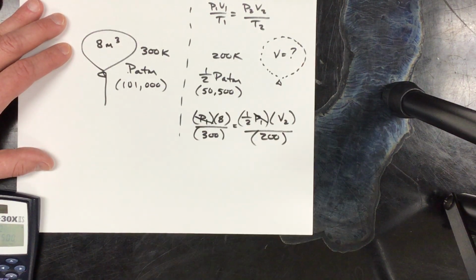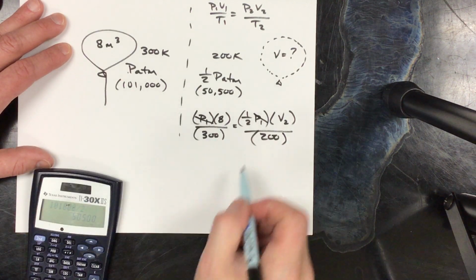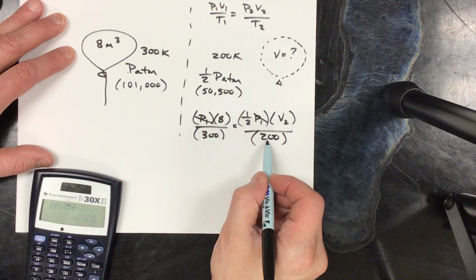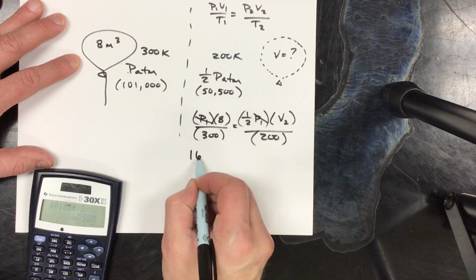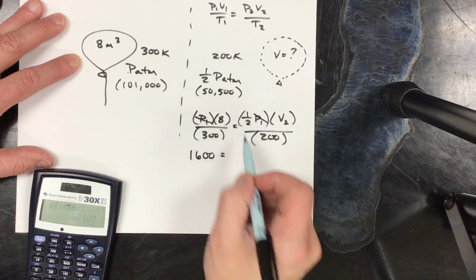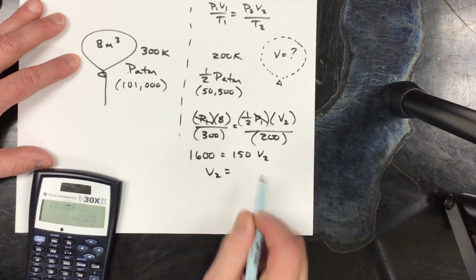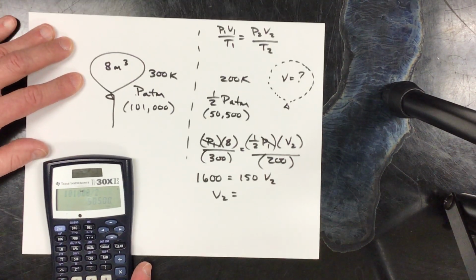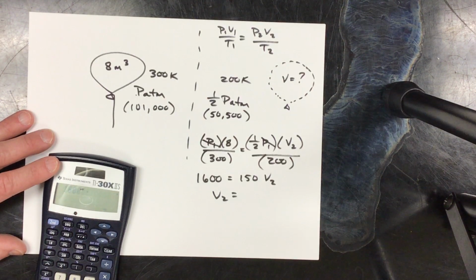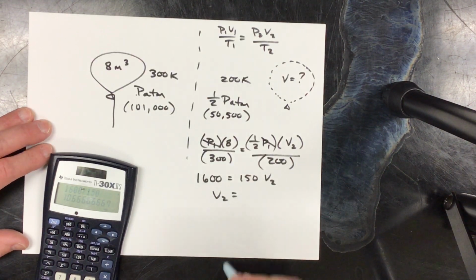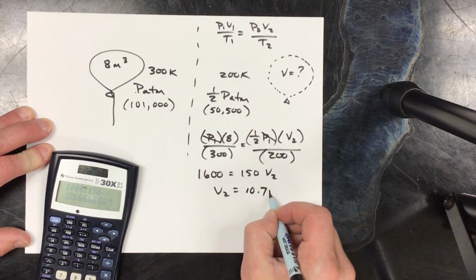This is just half of that. So now we're going to have cross multiply, right? 200 times 8 is 1,600, and half of 300 is 150. So V2 is going to be 1,600 over 150. And that's equal to 10.7 cubic meters.